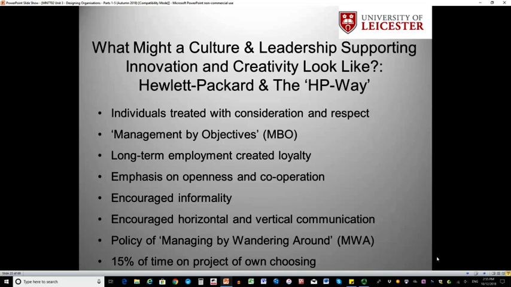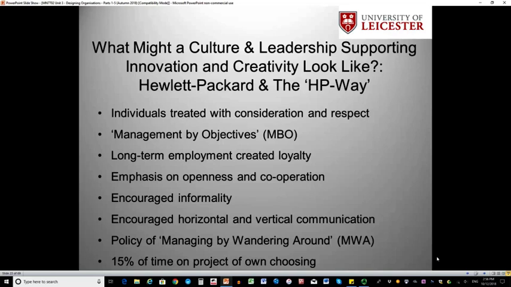So one of those was that individuals were to be treated with consideration and respect. So that's managers treating their subordinates with consideration and respect, but also each of us, even if we come from different backgrounds, different functional education, different expertise, we were expected to treat our colleagues with consideration and respect.